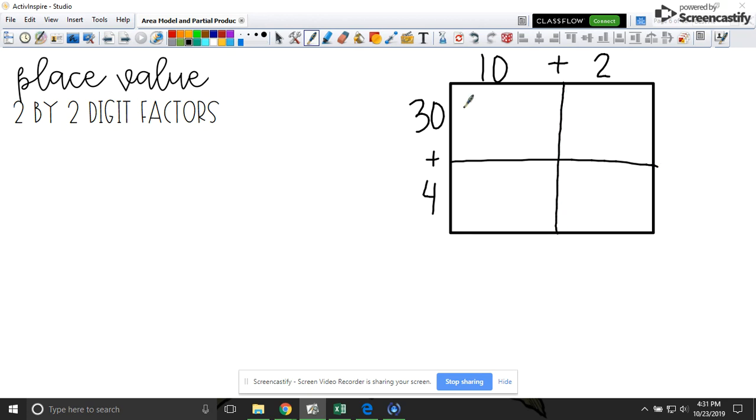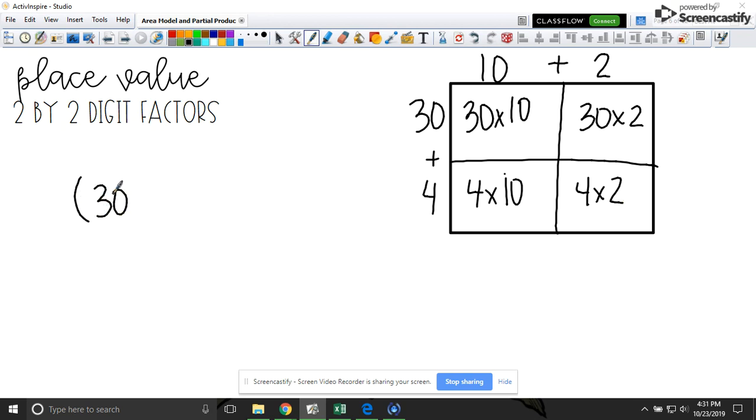So I'm going to distribute 30, 30, 4, and 4, and then dropping down 10 and dropping down 2. So with the place value strategy, you're just going to take the most complicated one and then work your way to the simplest. So to me, the most complicated one is 30 times 10.